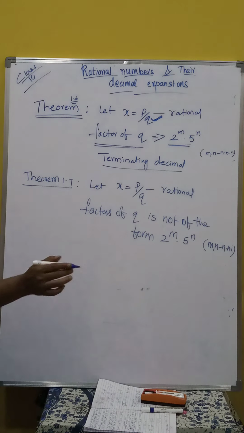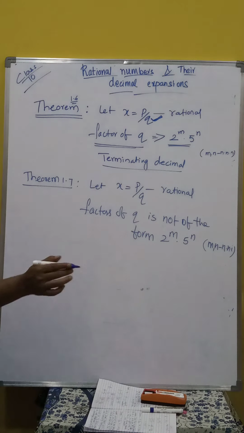Then if it is not in the form of 2 power m and 5 power n, what is it? Non-terminating repeating decimal. In the first one, the denominator factors are 2 power m into 5 power n, so it terminates. In the second one, the denominator factors are not in the form of 2 power m into 5 power n, so the decimal expansion is non-terminating repeating.